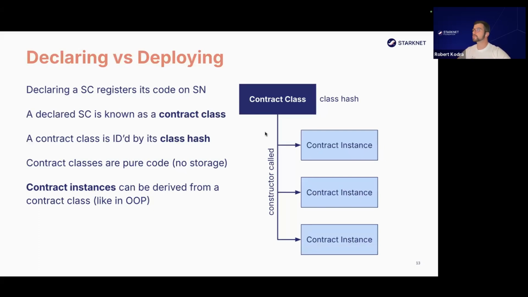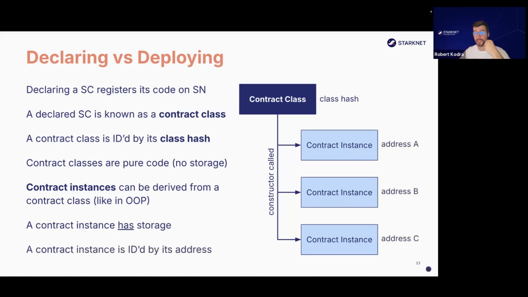One example worth mentioning is an ERC20 token or an ERC721 from OpenZeppelin. You declare this as a blueprint, as a contract class, and then you can derive multiple instances from that contract class. One important aspect is that each of these instances has its own unique storage, and is identified by a unique address.